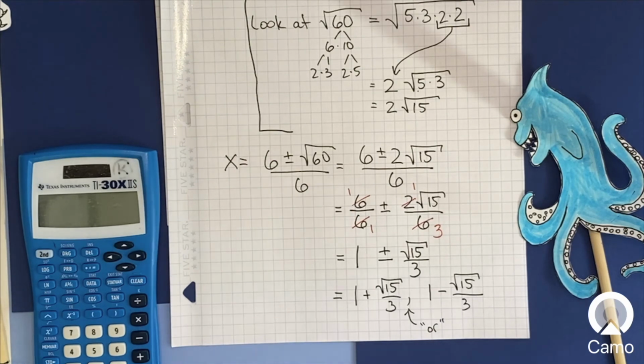One way to simplify this is, rather than trying to make this all make sense with a common factor, split this up into 2 fractions, by which I mean the 6 gets its own 6 and the 2 radical 15 gets its own 6.